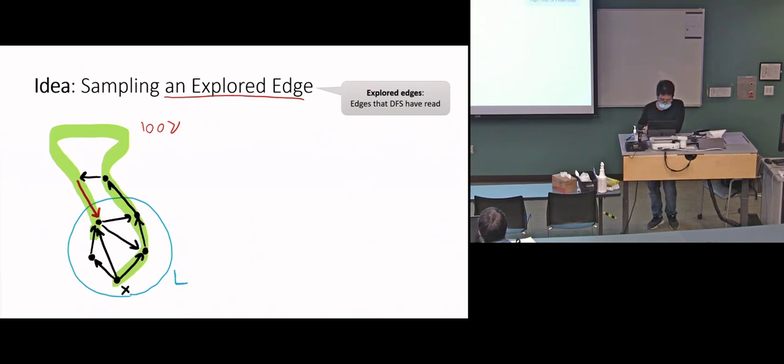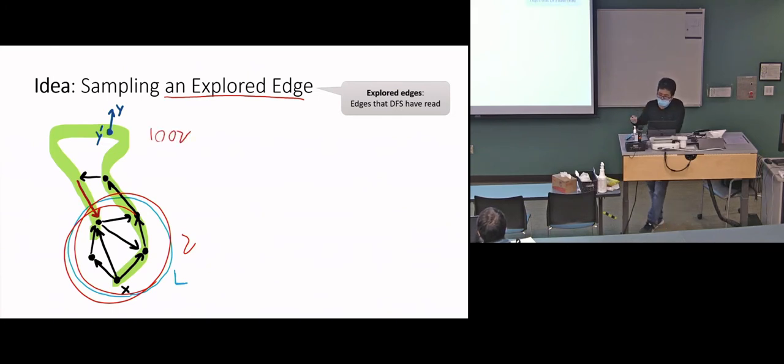Right? Then it's very likely that this edge will be outside, because the edges that are inside are just nu, but I explored 100 nu. Then with probability at least 1/100, we'll get outside. 99%, sorry. 99% you get outside.